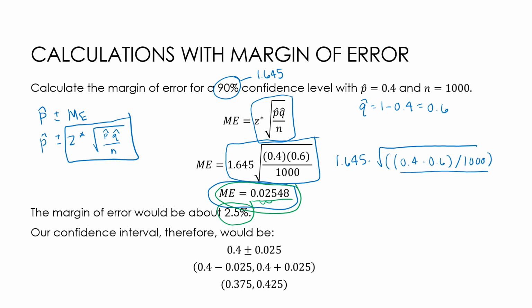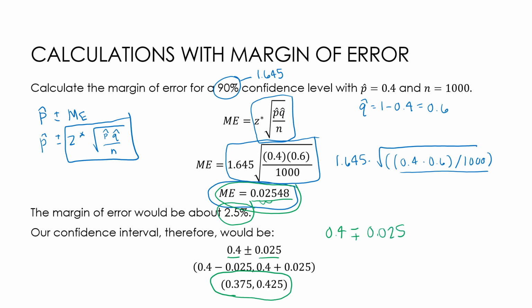But for now, let's go ahead and look at how we would continue, which is we would have our p hat plus or minus that margin of error. And it's important to understand that the confidence interval always goes from least to greatest, as any interval would. And so even though I've used the plus minus sign here, it's really 0.4 minus and then plus 0.025.